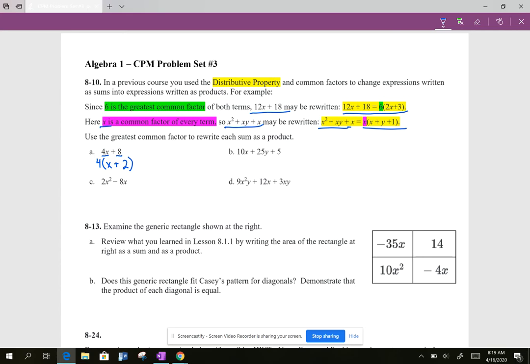That is how we factor out the greatest common factor. It's, again, the opposite of distributing. So you want to make sure that your greatest common factor on the outside, when multiplied to the inside, will give you the original expression. Okay.